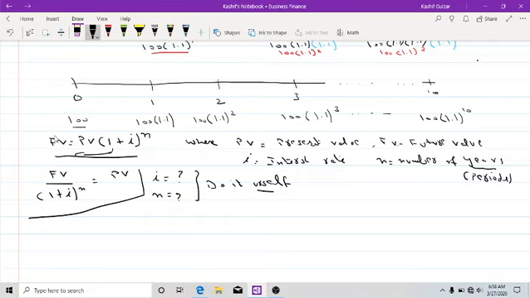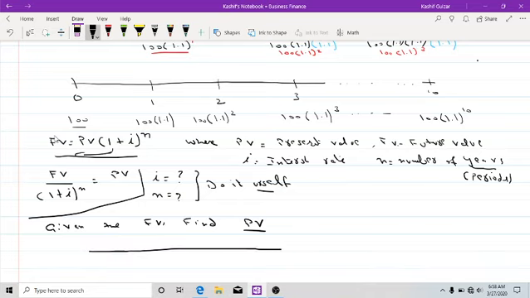The other type is: given the future value, find the present value. So how are you going to do it? Let's say at this point the amount is 133.1.